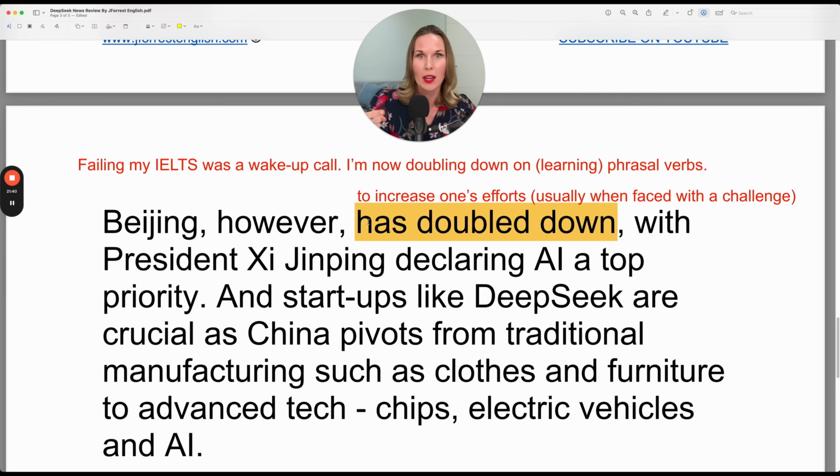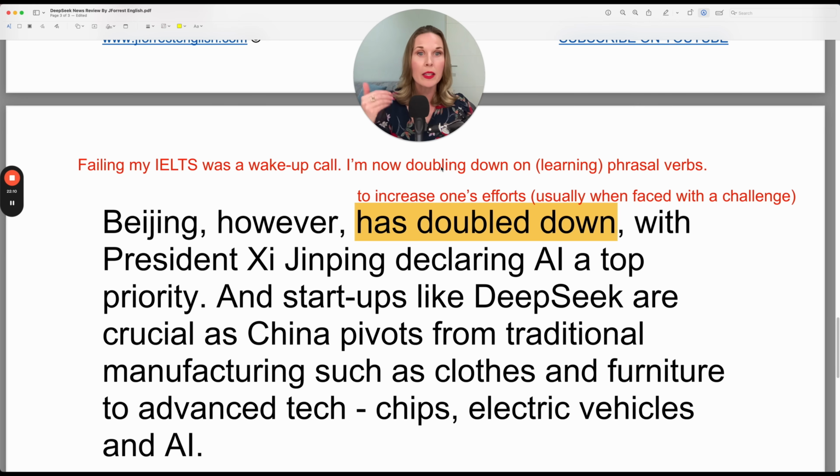Do twice as much. So maybe you could say failing my IELTS was a wake-up call. Remember this? A wake-up call, it's an event that caused you to take action or think differently. Now, maybe you could add on, I'm now doubling down on phrasal verbs. So on something, or if you have the verb, it's in the ing form because on is a preposition. Now remember, double is our verb. So this is in the present continuous.